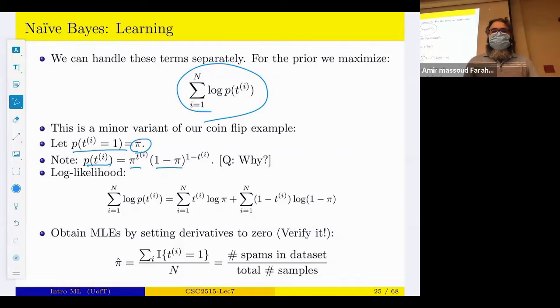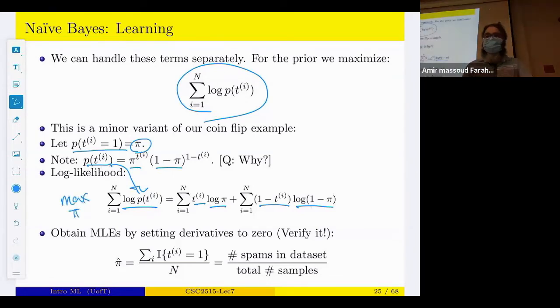So, like the likelihood, we just plug in this value in the log. We get the summation of Ti log of pi plus the summation of 1 minus Ti times log of 1 minus pi. We want to do maximum likelihood, so we essentially want to maximize this with respect to pi.